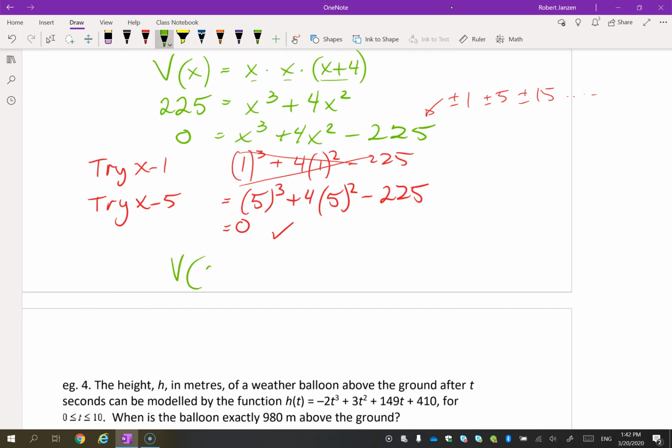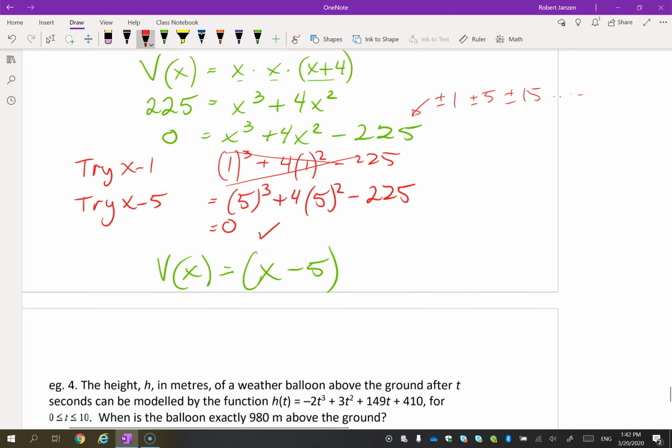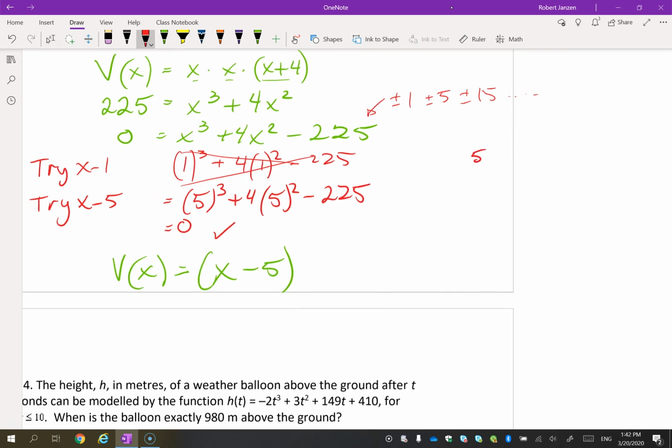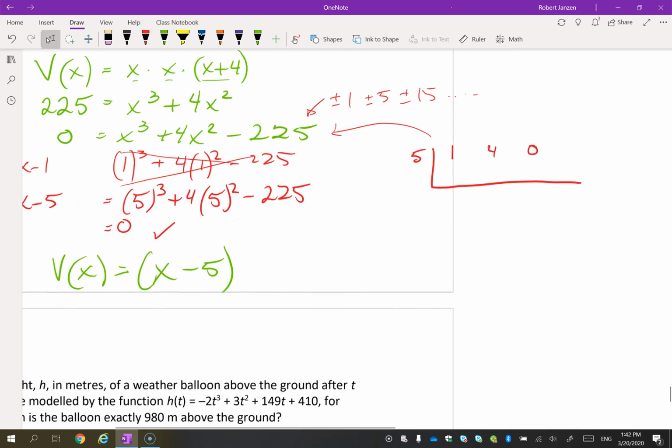So going back, I get x minus 5 is one factor. What are the other ones? Well, to do that, I have to do synthetic division. 5 goes into this. 1, 4, 0 placeholder of 0, and then negative 225. 5, 9, 45, 45, 225, 0.